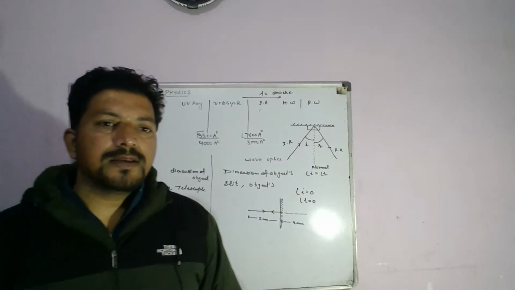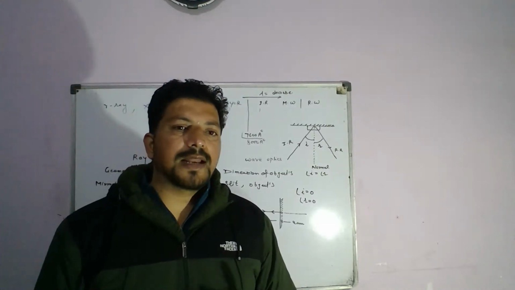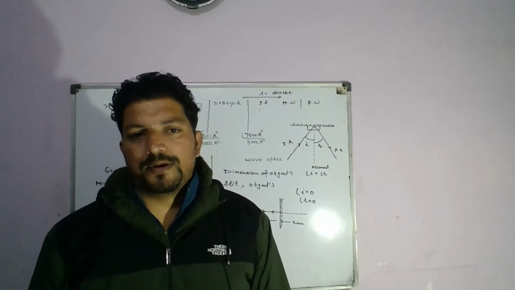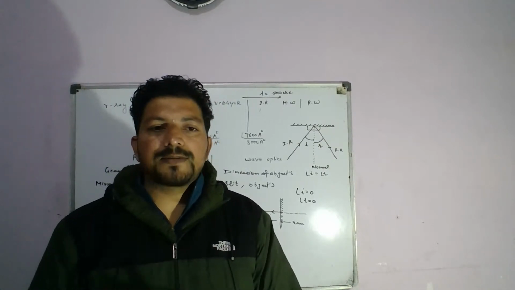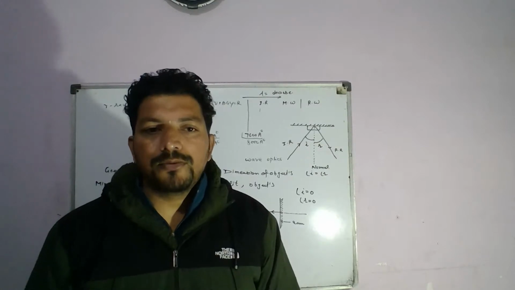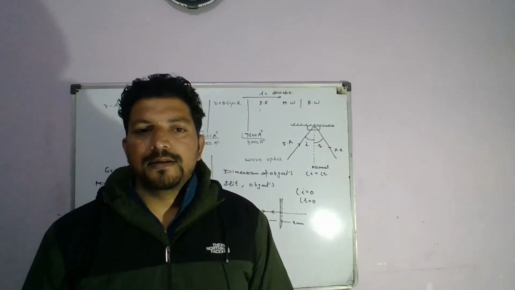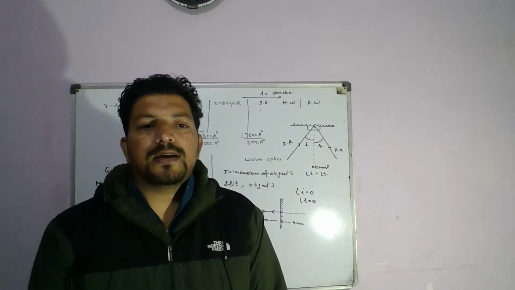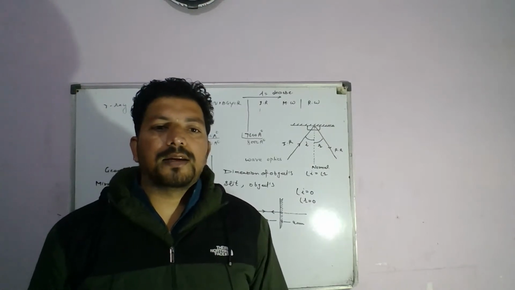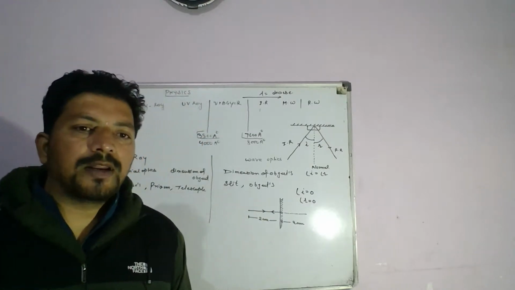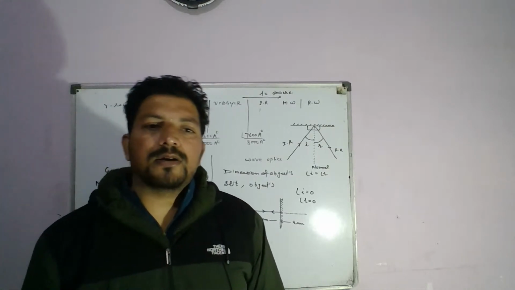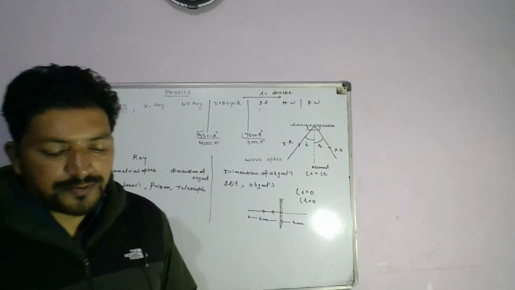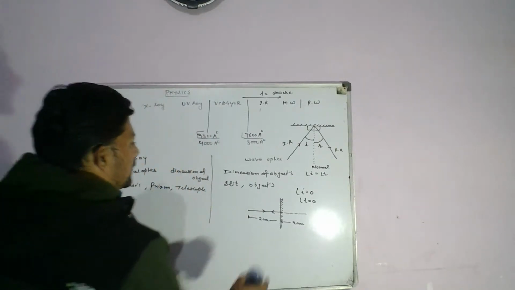Suppose there is one object lying in between two mirrors. How many images are formed? First we explain according to your board classes, and after that I will give the shortcut to find the number of images. So first we talk about plane mirrors.